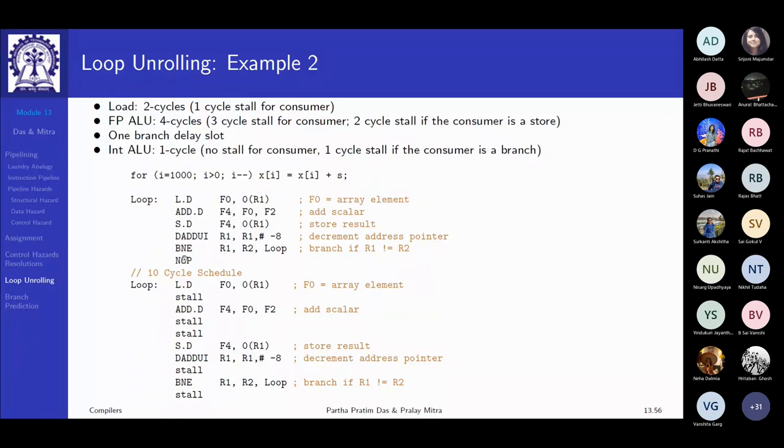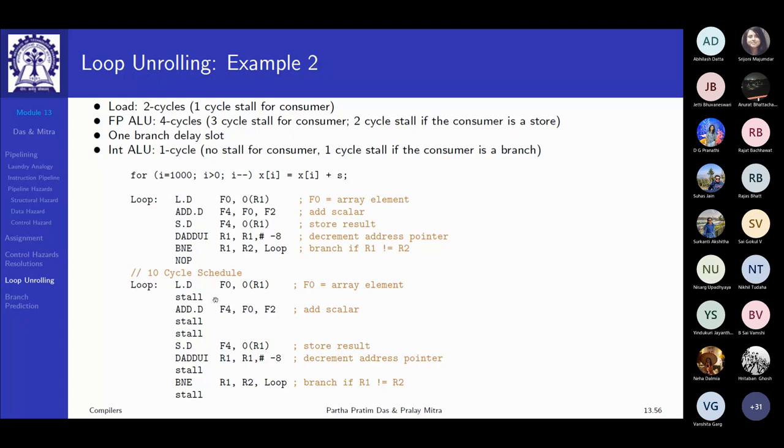And for filling the delay slot, we just have a NOP here. Now this code certainly will not work through our pipeline, so here is a schedule. I have a load, then a 1 cycle stall.